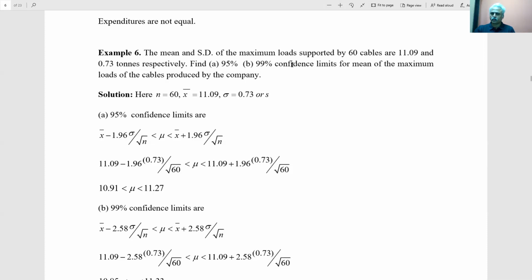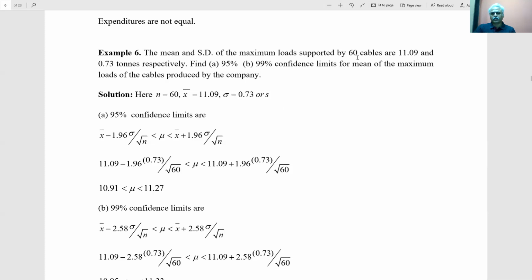It is 11.09 plus or minus 0.73, that is, in the interval 11.09 minus 0.73 to 11.09 plus 0.73.